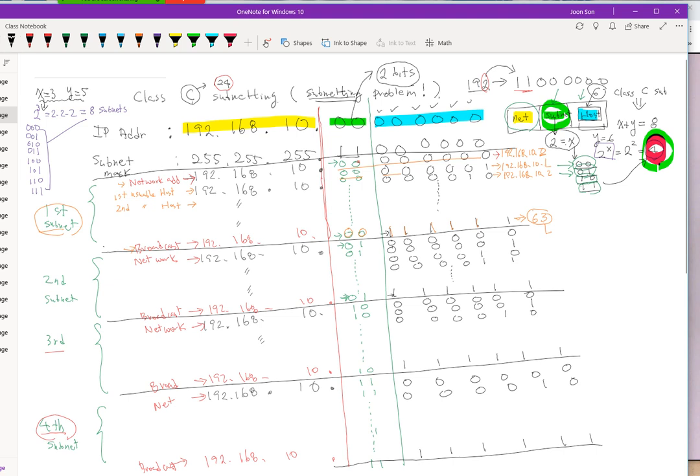The broadcast address for the first subnet is 192.168.10.63, because you convert this 8-bit binary number to decimal, you get 63, right?